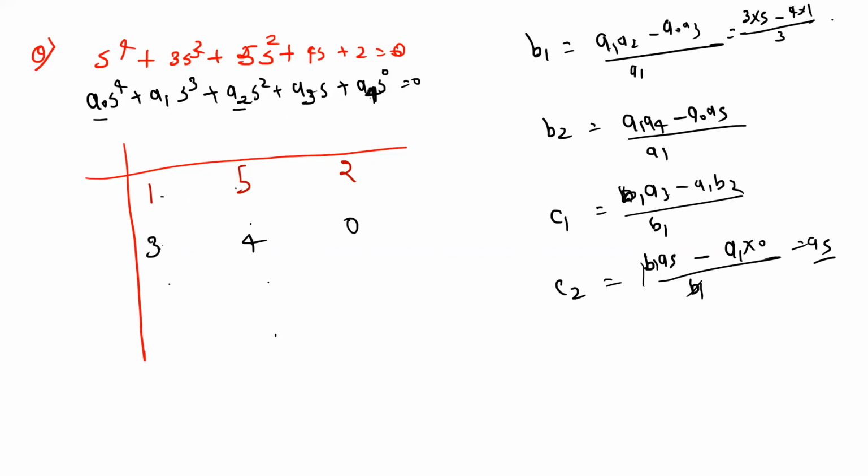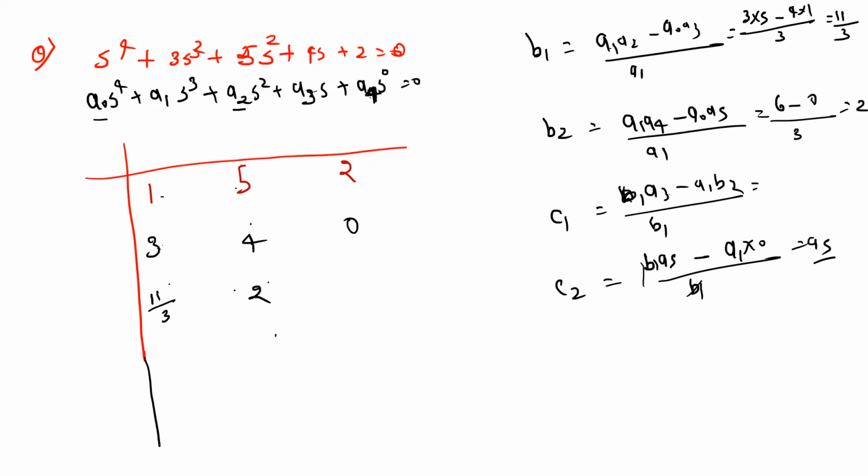So that is 15 minus 4, that is 11 by 3. Now your B2 is A1 A4, that is 6, minus A naught A5, that is 0, divided by A1. A1 is 3. So that is equal to 2. So we have calculated the value of B1 is 11 by 3, and this one is 2.